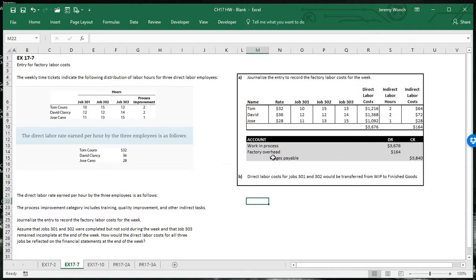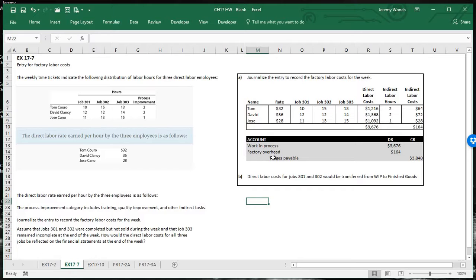But when we actually pay the bills and really incur the cost, we're building that factory overhead account up, debiting factory overhead. During the year we're going to have all these debits to factory overhead from actually paying bills, and then credits to factory overhead as we apply our estimates.